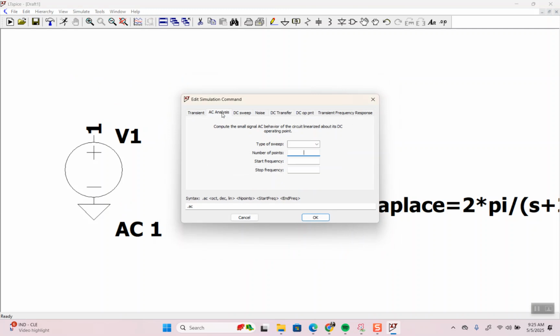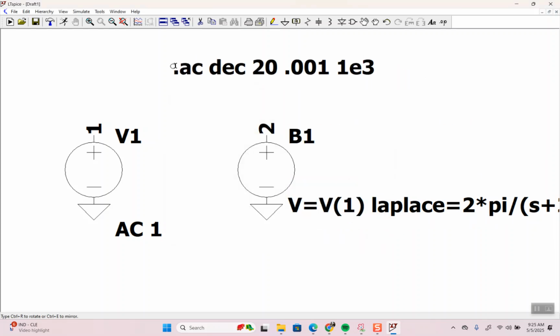So for AC, I want to do a decade, 20 points per decade is fine. Now, the frequency is 1 hertz, so I want to center it around that.